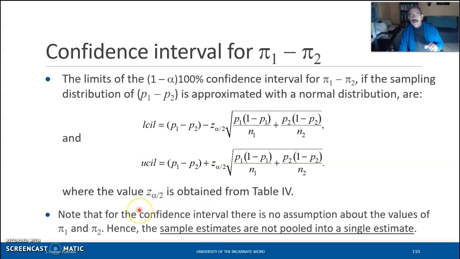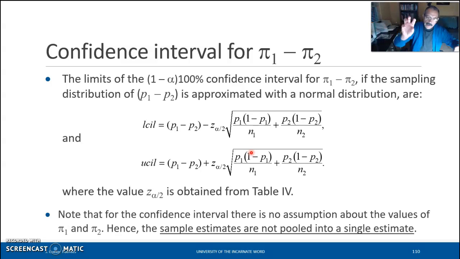Now, notice that in the confidence interval calculation, we don't make any assumptions about the population proportions. So we cannot say that they are equal, and therefore we do not pool the two sample proportions into a single pooled estimate. So please be careful. There is a difference between these formulas.